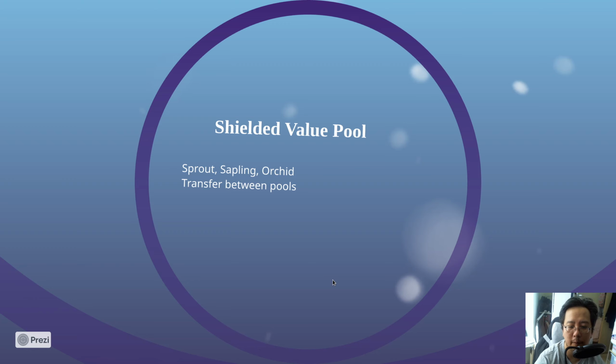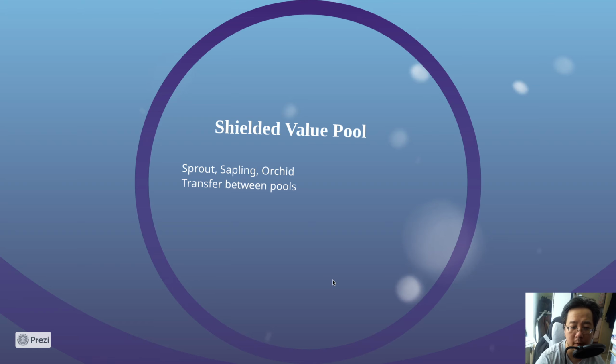Both of them are based on ZK-SNARK, but the first iteration of ZK-SNARK was less advanced, let's put it this way, and the transactions were pretty large. The ZK-SNARK were pretty large. Right now we are at Sapling, which is the second iteration of the protocol, and the ZK-SNARK are much smaller and faster to compute. Later on, there will be further improvements to the protocol.